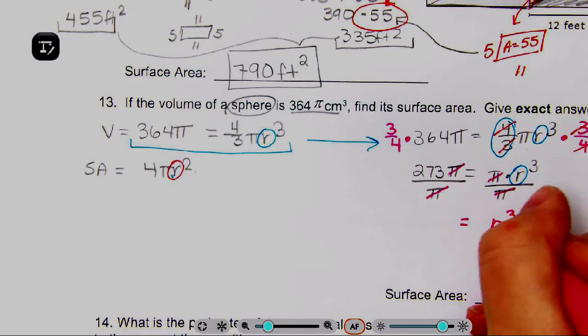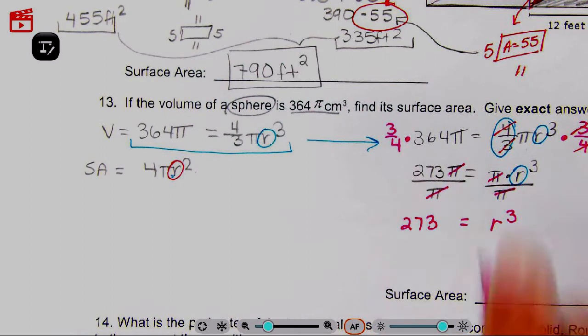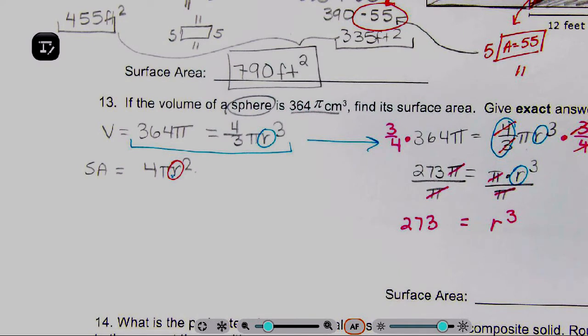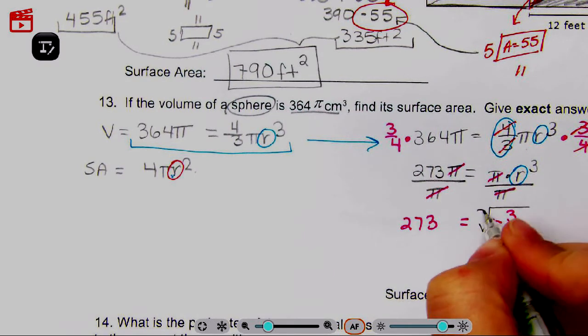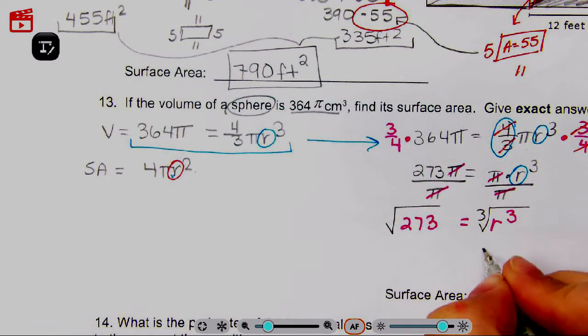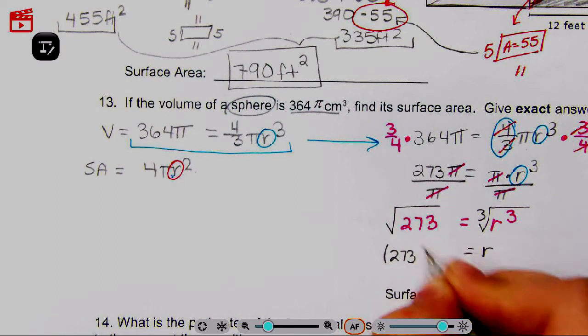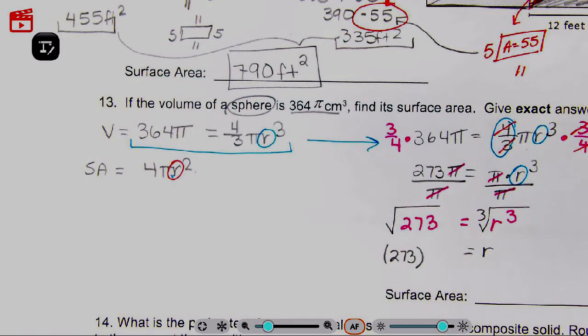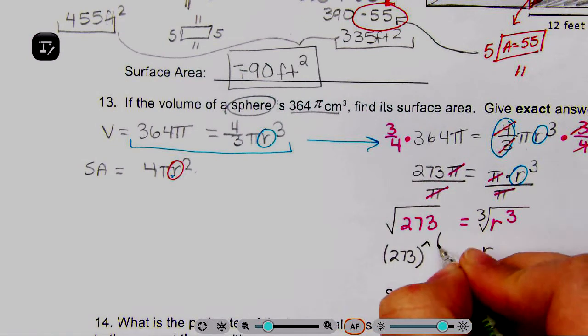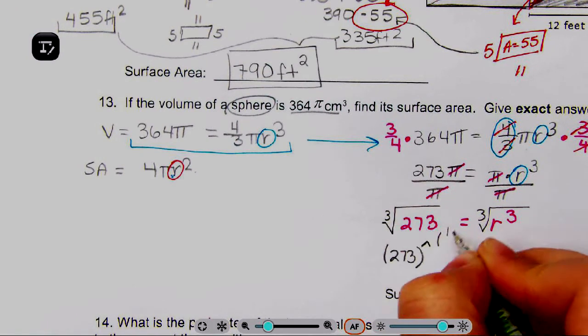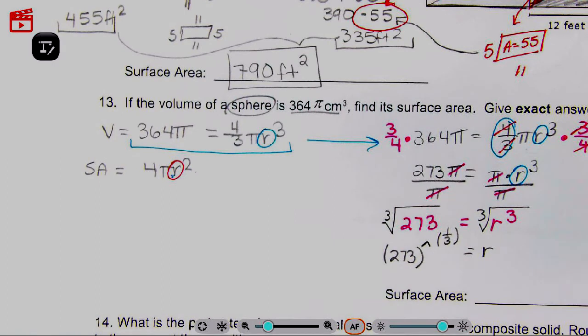So I have r cubed is equal to 273. Now again, what am I trying to do? I'm trying to solve for r. R is being cubed. How do I undo that? I'm going to cube root both sides. Unless you have a fancy calculator, you're going to have to do this: put 273, whatever your base is, in your parentheses. You're going to do the caret, and then you're going to raise that to the 1/3 power. So you have 273 to the 1/3 power.